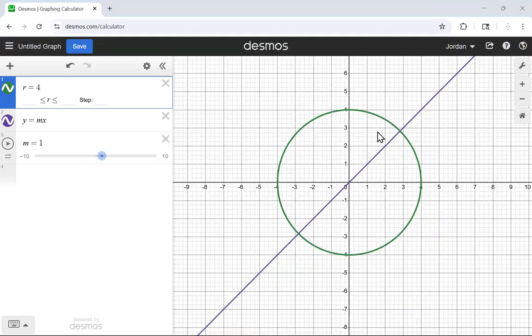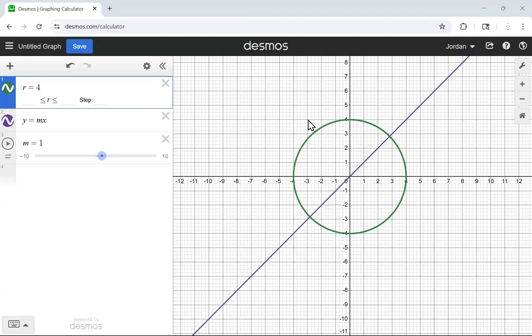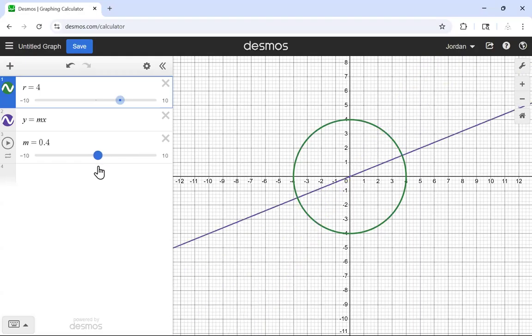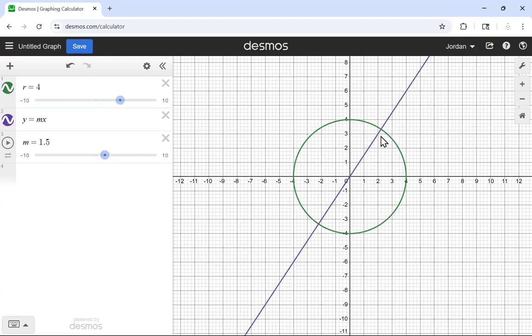Oftentimes people think of circles of a certain radius and lines through the origin as the building blocks of the polar coordinate system. Every point in the polar coordinate system is on a line through the origin and at a circle of some radius.